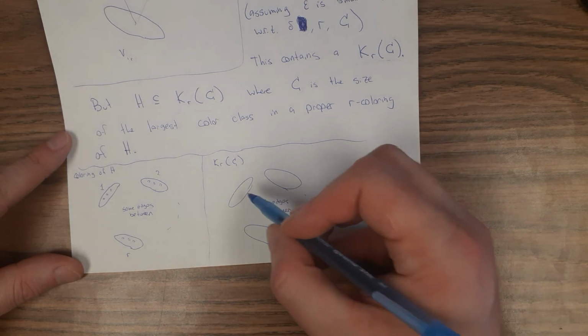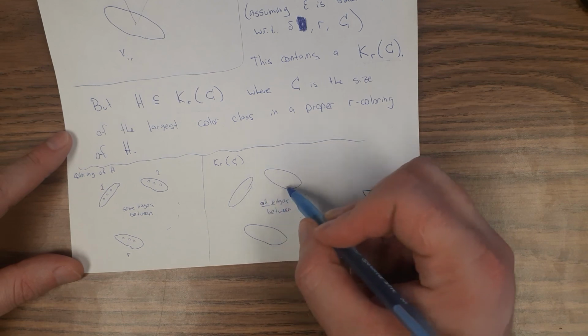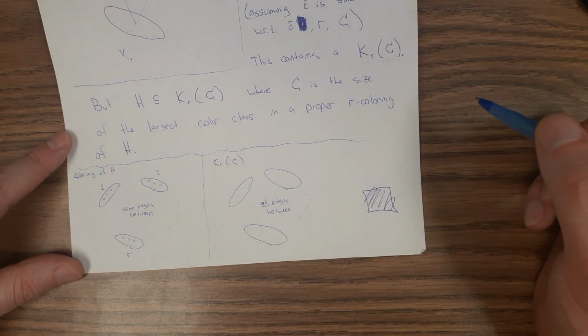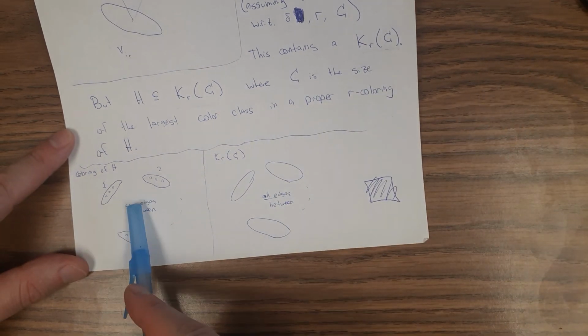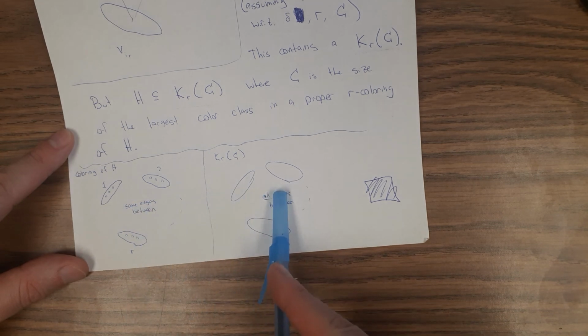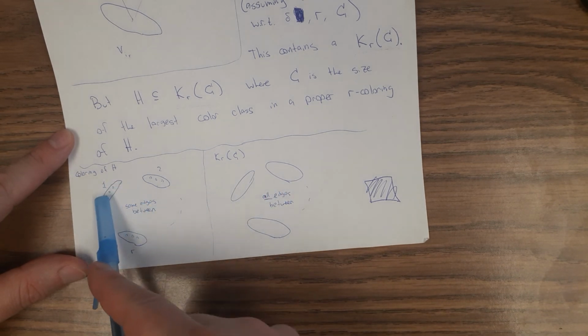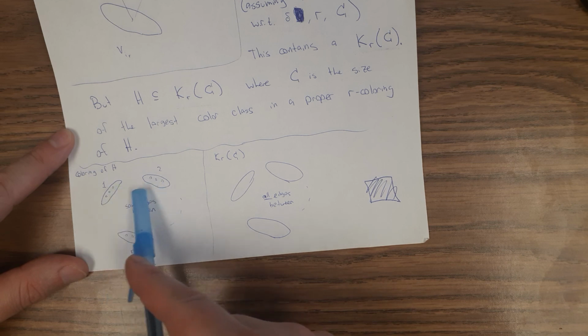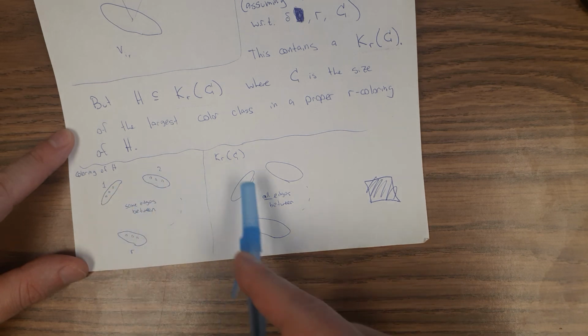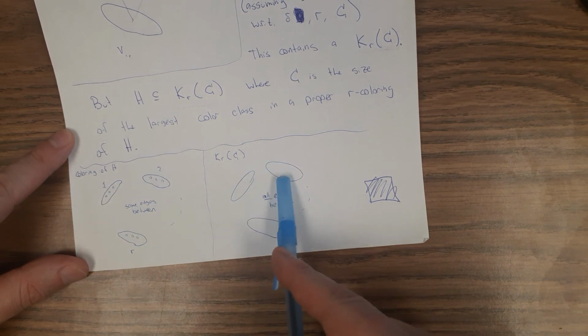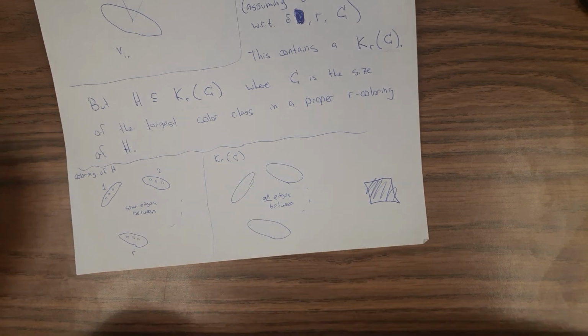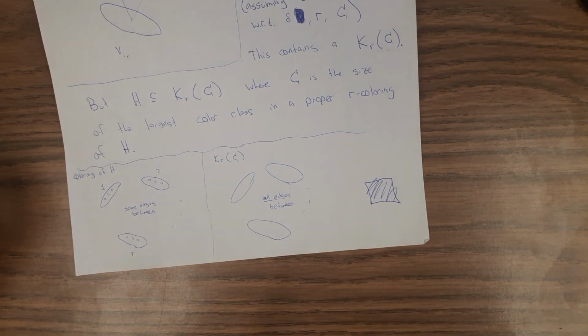And then this graph has all edges in between and none of the edges within. But that's okay. I'm just claiming that this is a subgraph of this, which it is. This has none of the edges within parts and maybe some of the edges between parts. This one has all of the edges between parts and none of the edges within parts. So this one is a subgraph of this one. So there it is. We found a copy of H in the graph G.